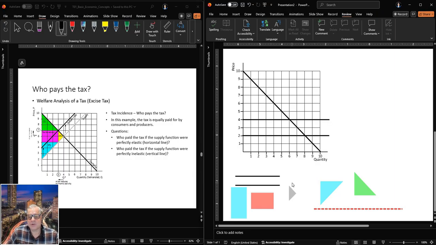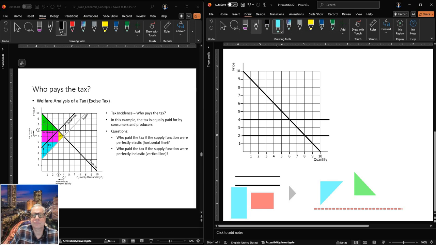Well, if the supply initially is 2 and now it is 4 with the tax, in this case the entire tax would be paid by the consumers, because before the tax there is no producer surplus, everything is just consumer surplus.